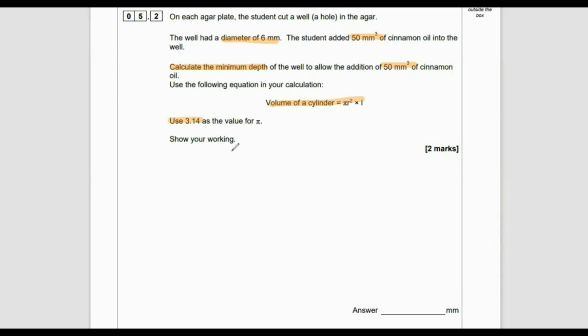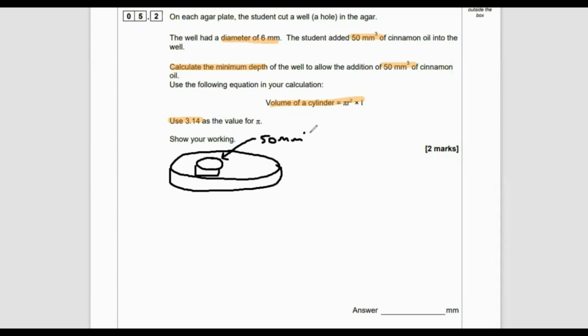Show your working. Notice I've highlighted the key data. Always use a highlighter pen in your exams. It's really important so you don't miss a key command. Okay, they've cut a well into some agar gel. Also, I like to do little drawings as well so I can visualize what I'm actually doing. They've put 50 millimeter cubed of cinnamon oil into this well, and we know the diameter here is 6 millimeter across the well. So we have an equation.